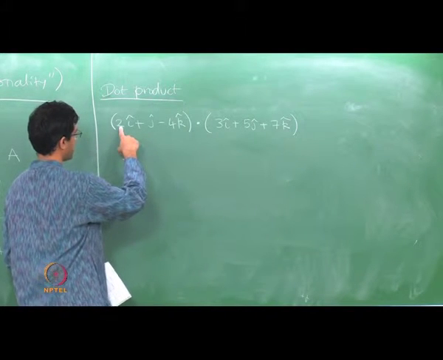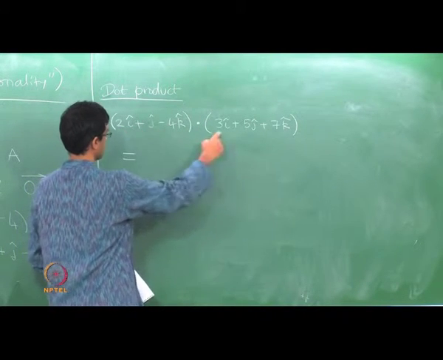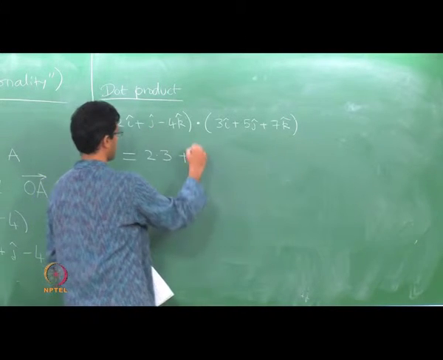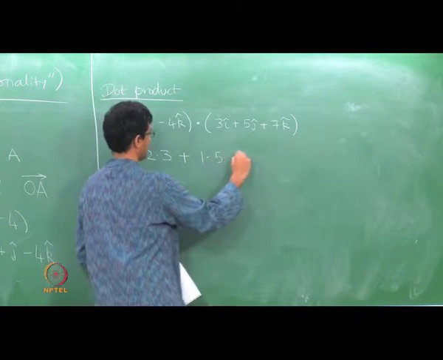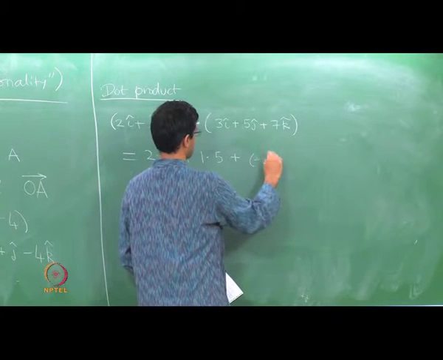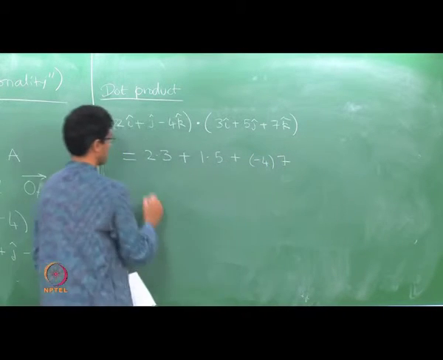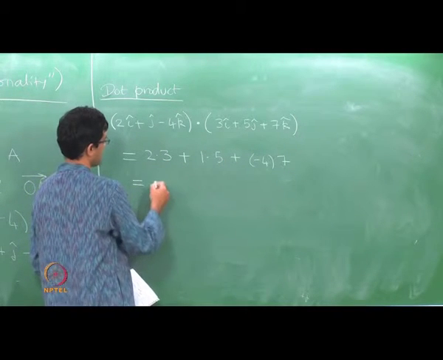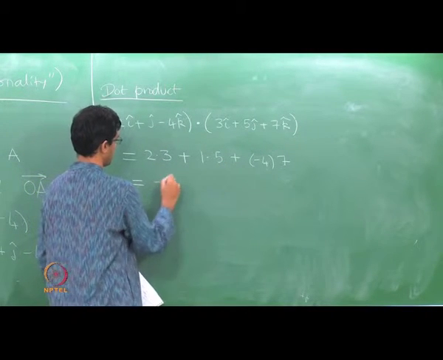The dot product of these 2 vectors is defined as follows. You multiply the x components together, that's 2 times 3, plus the y components, 1 times 5, plus the z components, minus 4 times 7. That's 6 plus 5, 11, minus 28, so that's going to be minus 17.